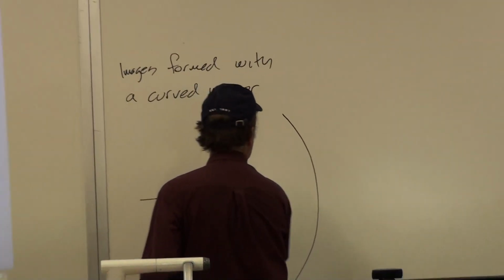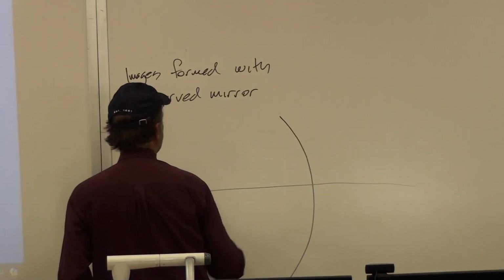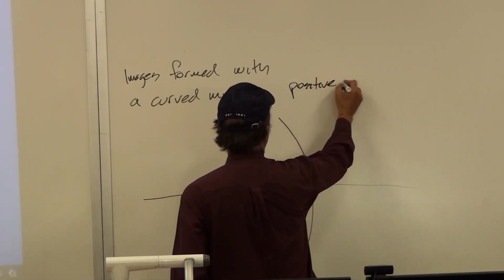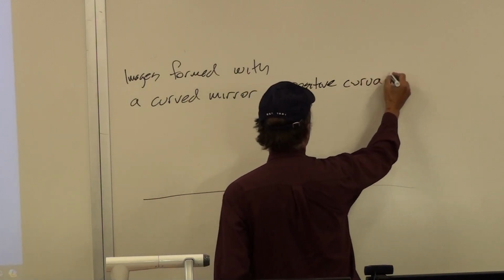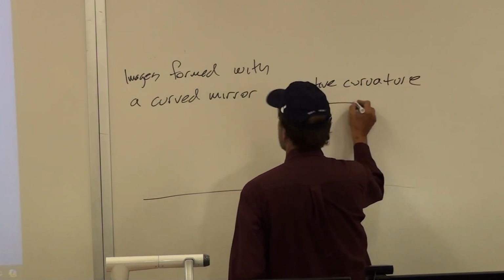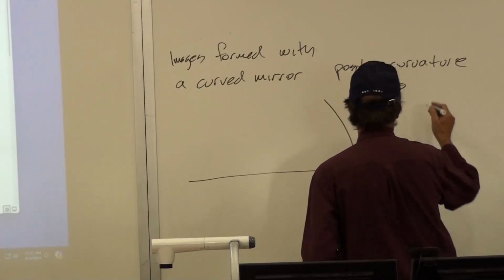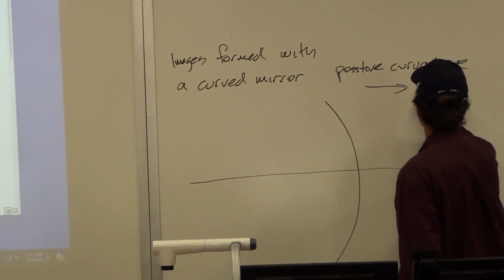So here's our curved mirror, and let's say we're talking about positive curvature for the moment. By positive curvature, I mean that the light converges. It doesn't diverge.